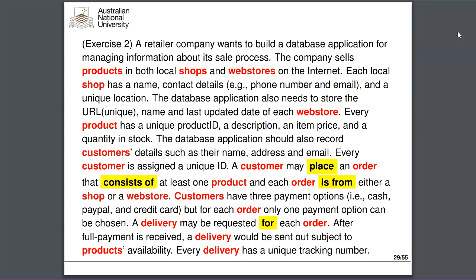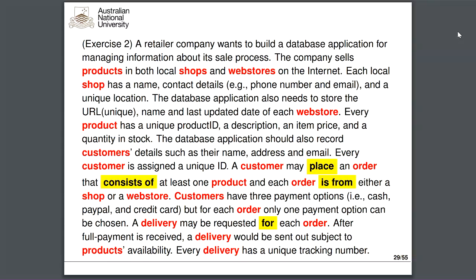So now, once you identify these entities, you look into the sentences. If one sentence has two entities in it, there must be a relationship type there. Similarly here, and that's connected, right? A delivery method can be requested for each order, like this one.